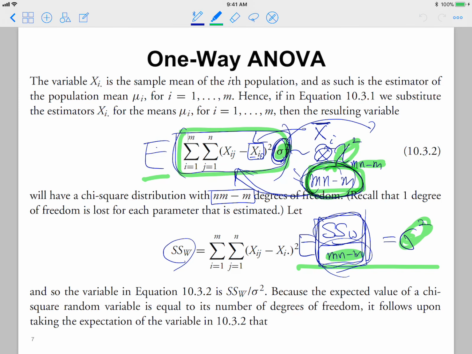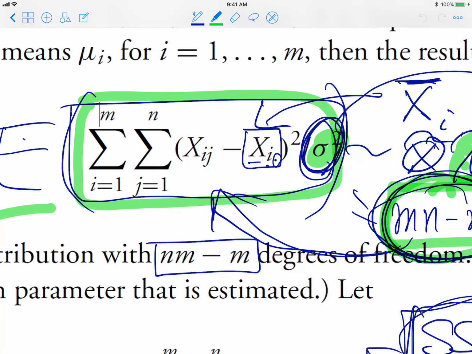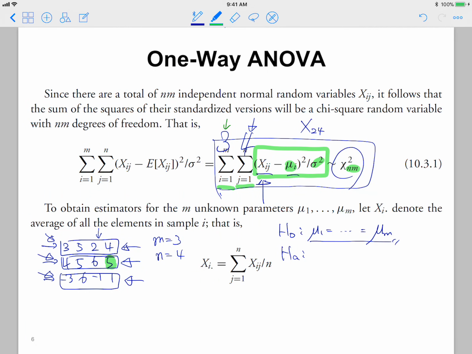The next step: here we assume that mu1 through mu m can be different.